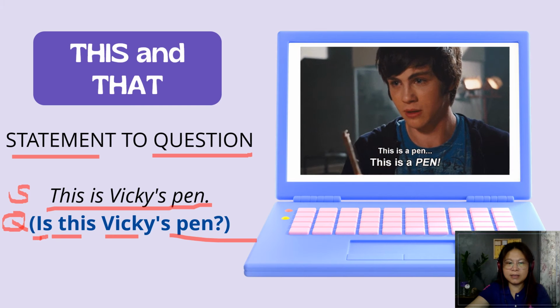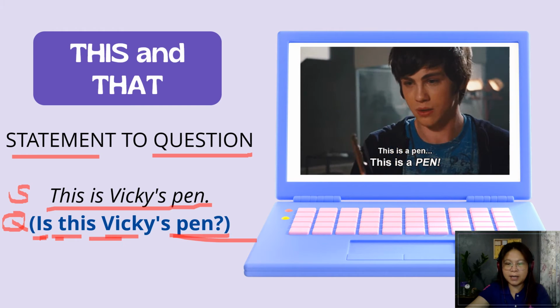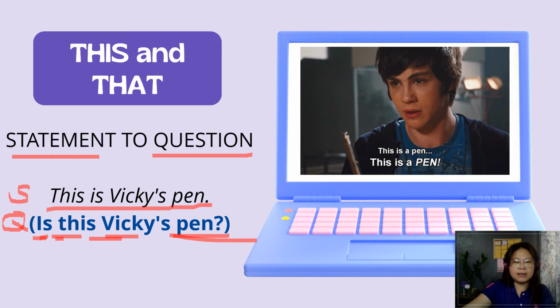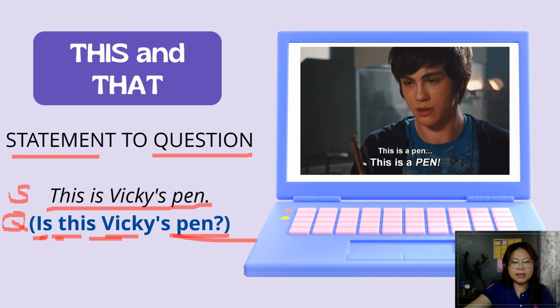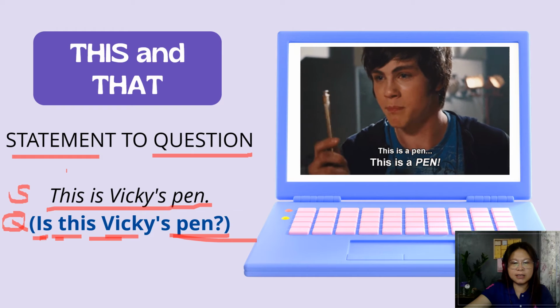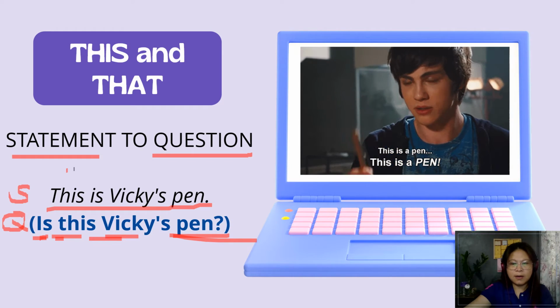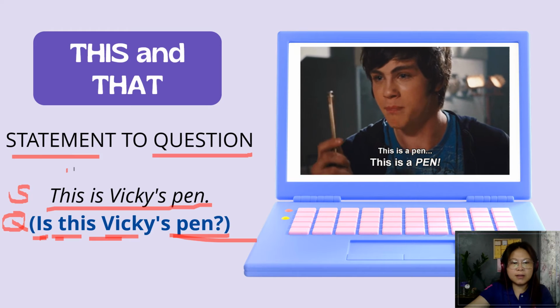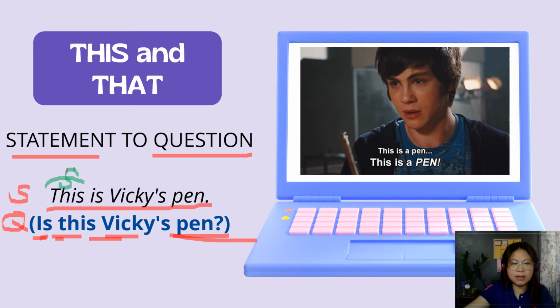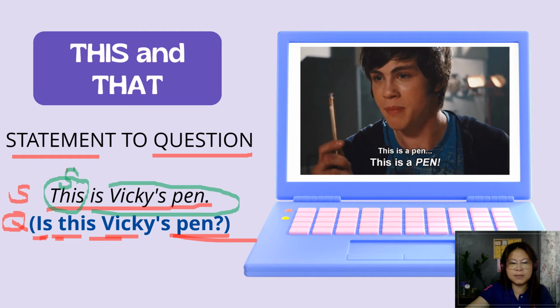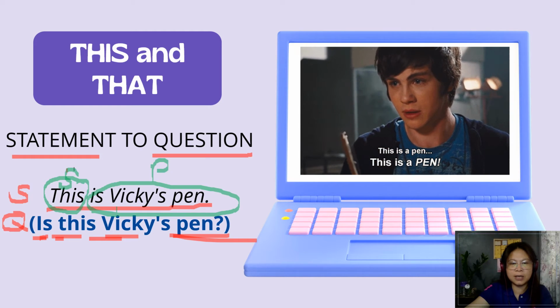Notice that in the statement, this is the subject, and is Vicky's pen is the predicate.